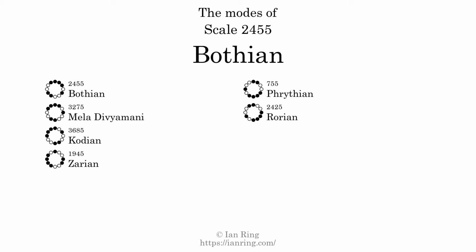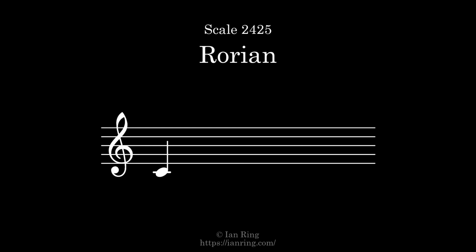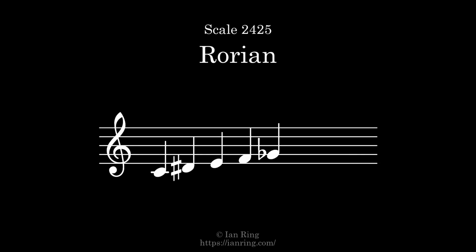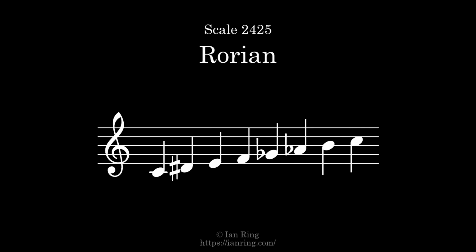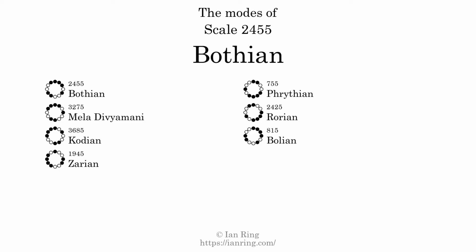The sixth mode is scale 2425, also known as Rorian. It sounds like this. The seventh and last mode is scale 815, also known as Boolean. It sounds like this.